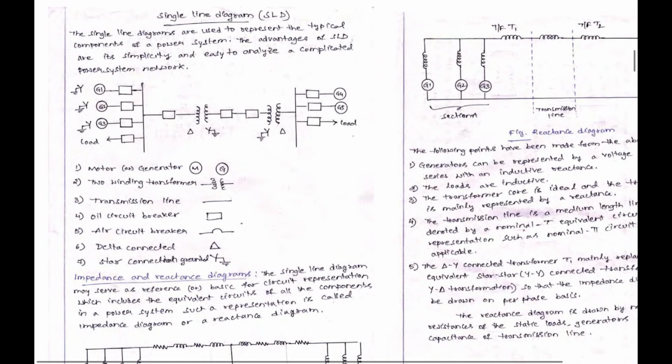Let us now try to understand what exactly a single line diagram is. A single line diagram shows generators connected, circuit breakers, the bus, and again a circuit breaker, then a transformer indicating the connections, a transmission line with circuit breakers, a second transformer, and the loads, including motor load, and it can be a generator load.